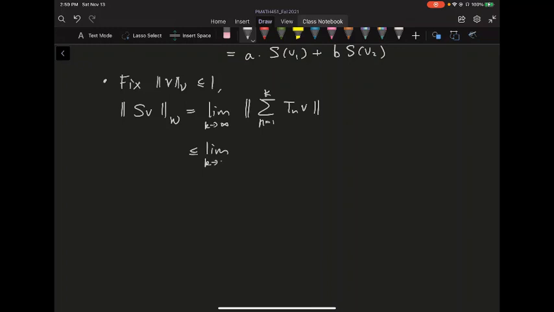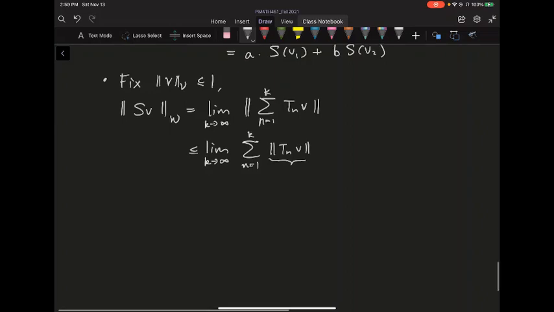By the triangle inequality, I can move the summation outside and have a less than or equal to the sum of the norms of Tn of V. Each of these Tn of V, because V has norm less than or equal to 1, is bounded by the operator norm of Tn, which is again bounded by 2 to the negative n. So this is bounded above by the summation of n going from 1 to infinity of 2 to the negative n, which is a constant less than infinity.